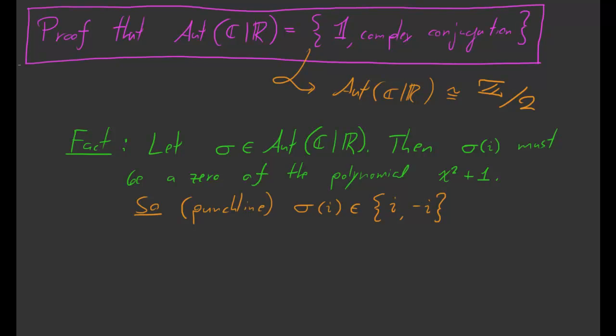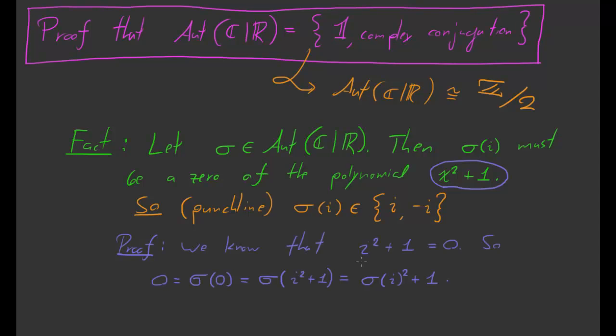So let's see why this fact is true. Well, i has to satisfy this polynomial, right? This polynomial wasn't just some random one. The reason why sigma of i has to be a zero of it is because i is itself a zero of it. So we know that i is a root of this polynomial. We know that i squared plus 1 is equal to 0. And that tells us that 0 is equal to sigma of 0, which is equal to sigma of i squared plus 1, because i squared plus 1 is just equal to 0.